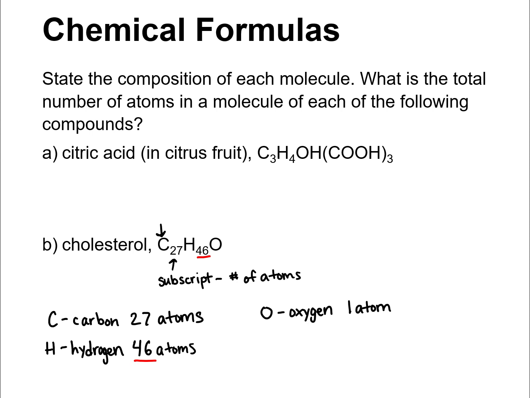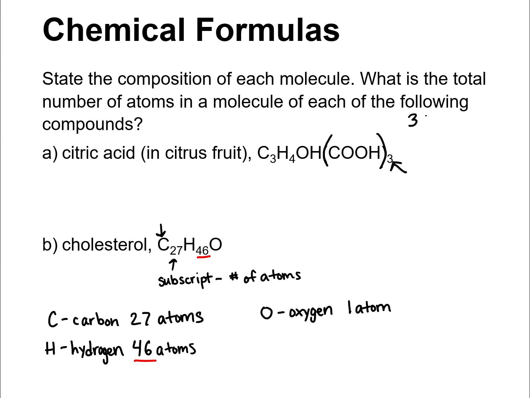Now let's go up to A, because it's a little bit more involved. I want to point out that we have some parentheses here and a number on the outside of the parentheses. There's another subscript. What this means is just like it would mean in math.